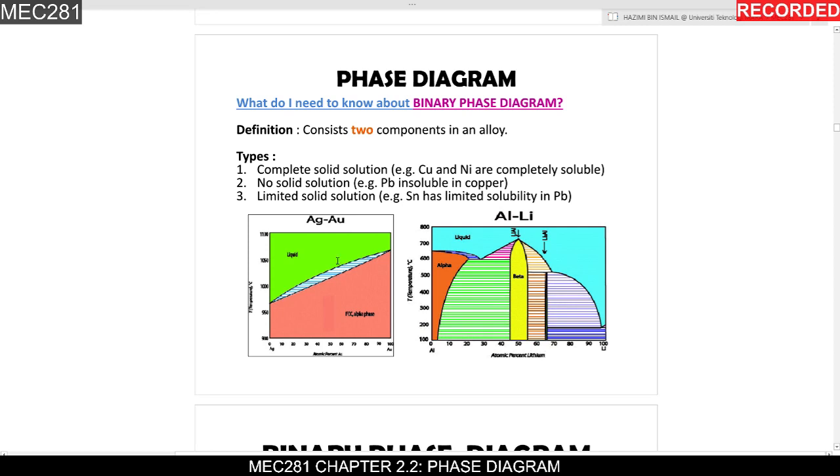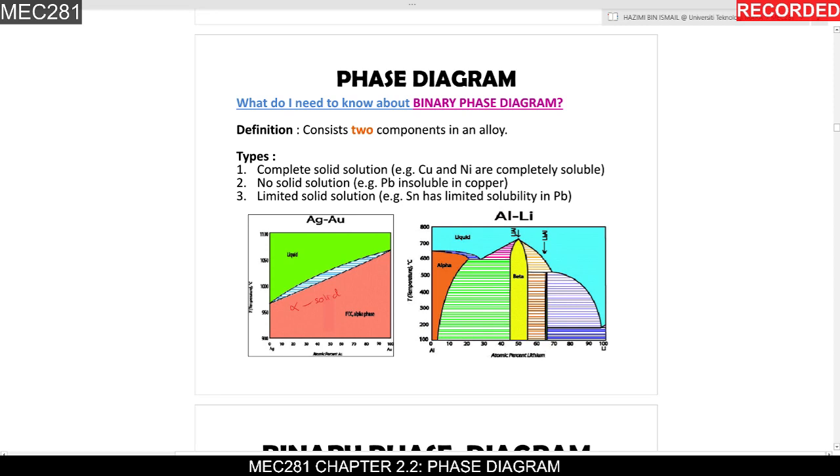Okay, so this is about the argentum and aurum. Here it states that it is the liquid phase along here in the green region, and below that we have the orange here, which is the alpha phase. Sometimes we use the symbol alpha, which means the solid.